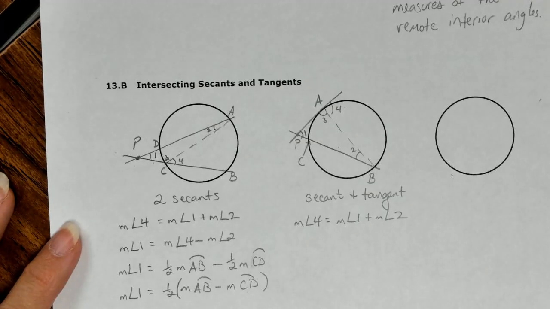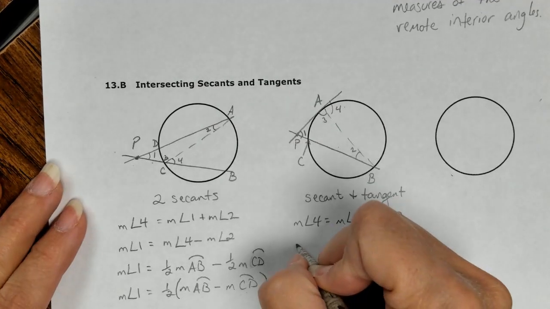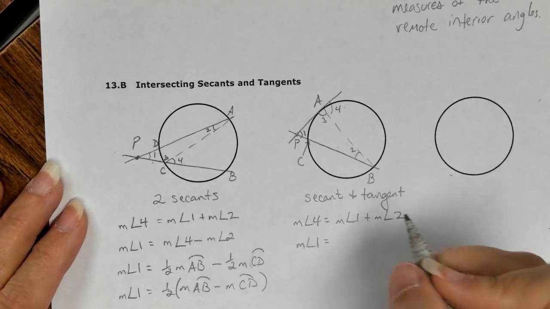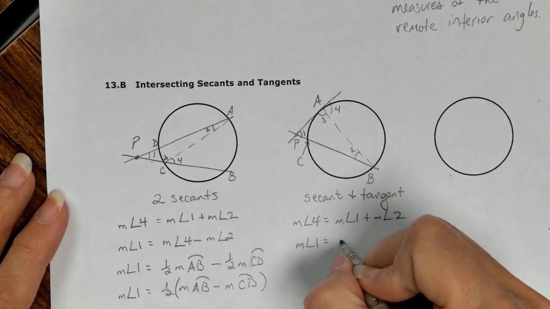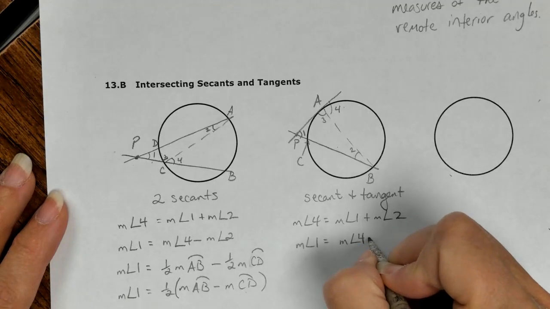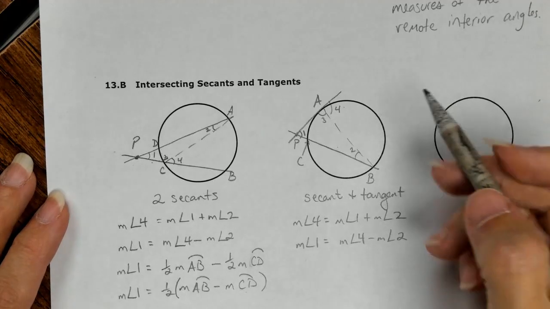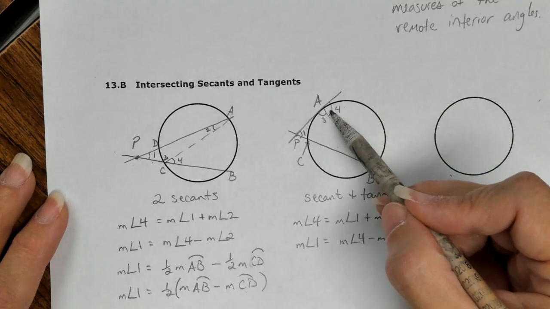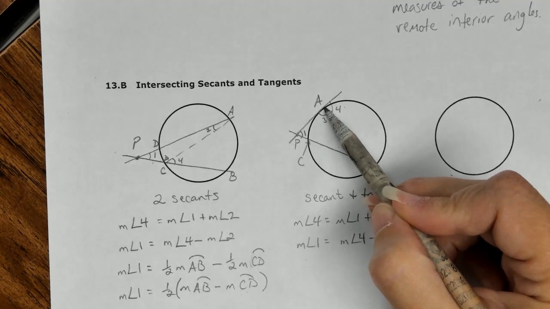And then we're going to rearrange, because what we're trying to solve for is the measure of angle 1. So that would be measure of angle 4 minus measure of angle 2. This should look familiar. Okay, so angle 4 is here, and it is inscribed. Its vertex is on the circle.